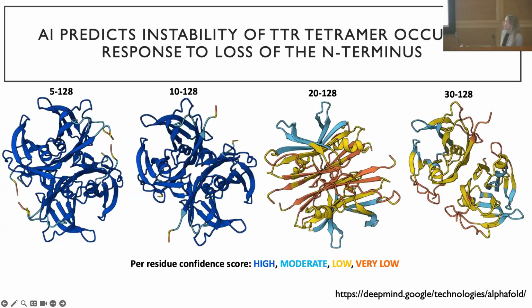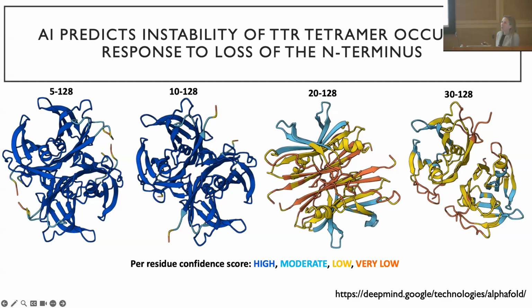In terms of preliminary thoughts around what causes the instability, we actually did some modeling using AlphaFold, which is an artificial intelligence program offered by Google. It's actually extremely good at predicting protein structure. And what we were able to show is that if you successfully remove parts of the N-terminus of the protein, it actually results in instability.